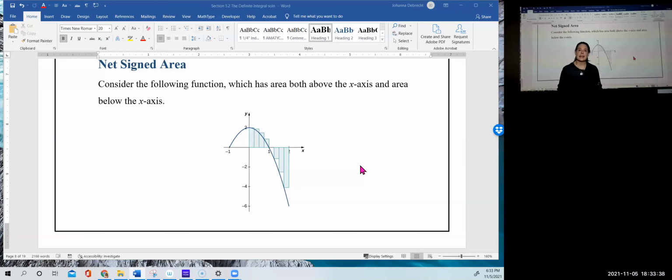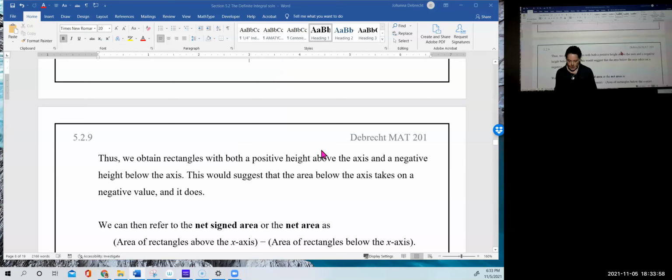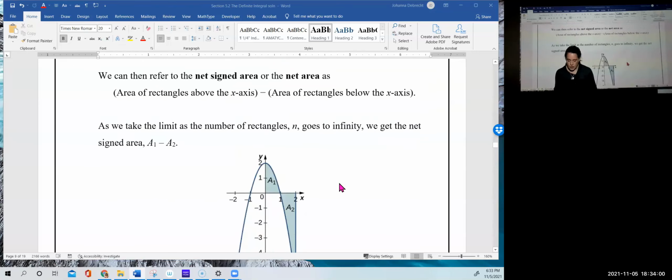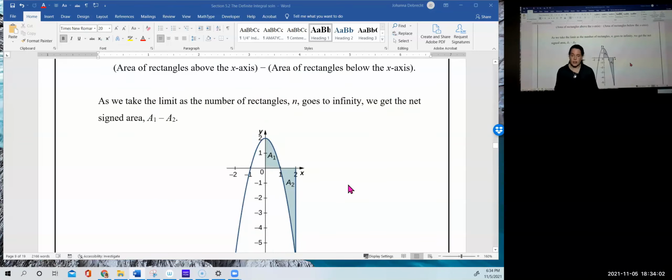So when we say net signed area, what we mean is the area above the x-axis is positive, and the area below the x-axis is negative, and the net signed area is the combination of the two, positive above and negative below. We can also think of this as the area of the rectangles that are above the x-axis minus the area of the rectangles that are below the x-axis.